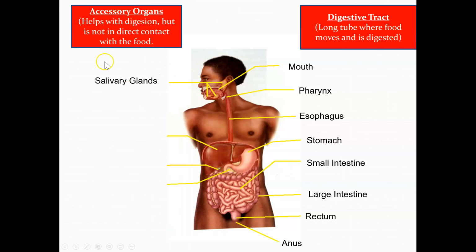And then again, I talked to you about the accessory organs that also play a role with digestion, but they're not really directly in contact with the food, whereas these ones on the right-hand side are directly in contact with the food. So the salivary glands are very important. They mix the food with the saliva and the enzymes that break down the carbohydrates.